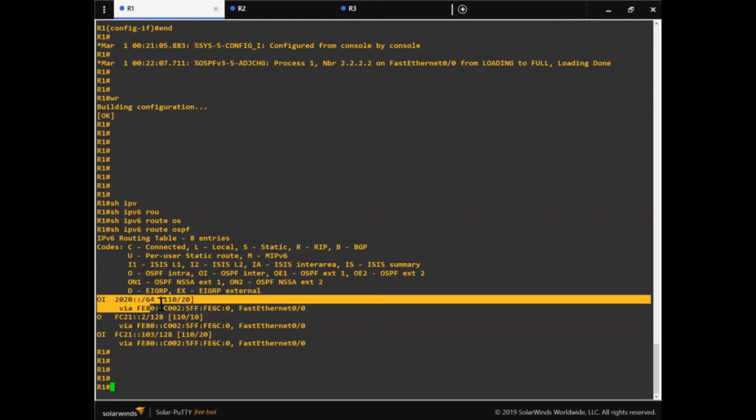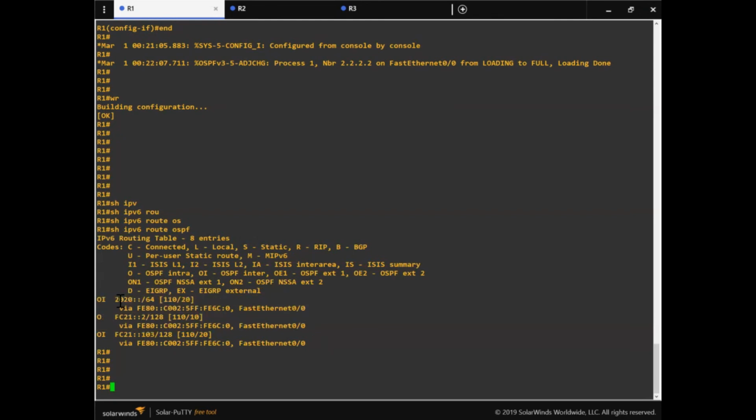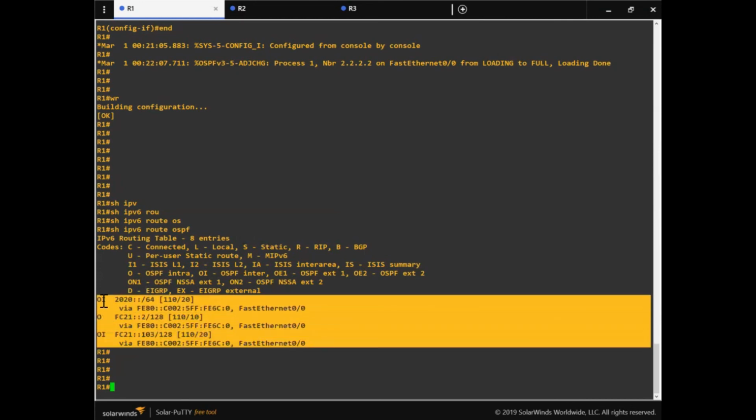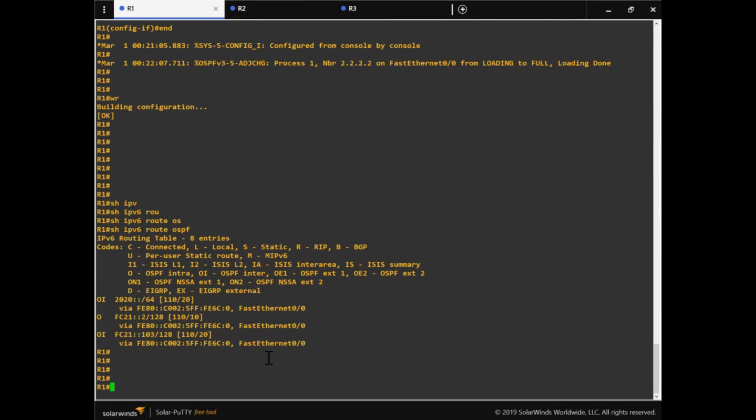But if you check this 2020, this is from area 100. Similarly FC21 103, again your area 100. So these are coming as OI.